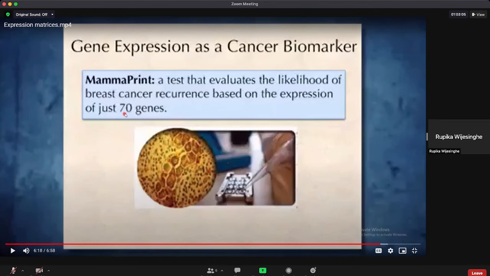We are also trying to build a biomarker for diabetes, called MODY. MODY means maturity onset diabetes of the young, right? That is the type of diabetes found in children, school children.